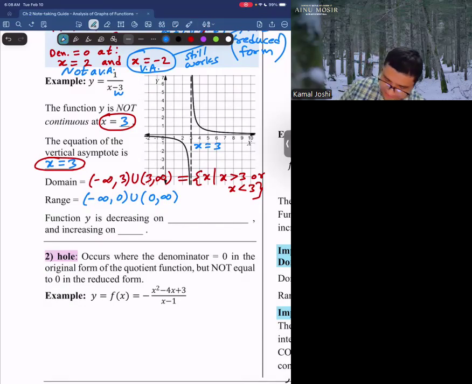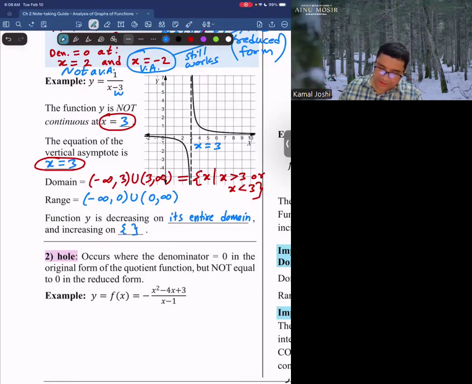Very interesting here. So I would say the function is decreasing on its entire domain. And it is not increasing anywhere, right? Increasing nowhere, we can represent that with an empty set.